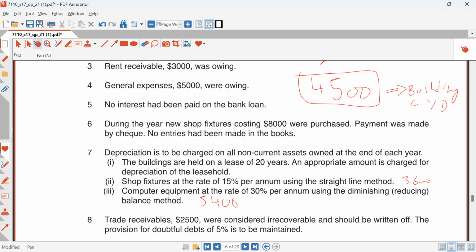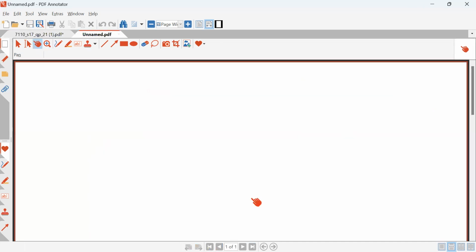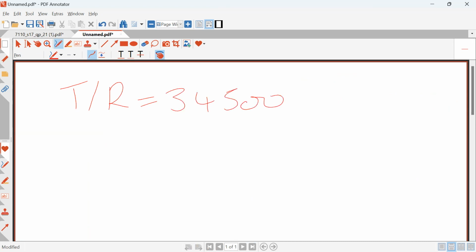I will also do the working over here. Trade receivables given in the question is 34,500. I have not calculated this. Bad debt is 2,500. This is also mentioned in the question. And provision for doubtful debt is to be maintained at 5%.